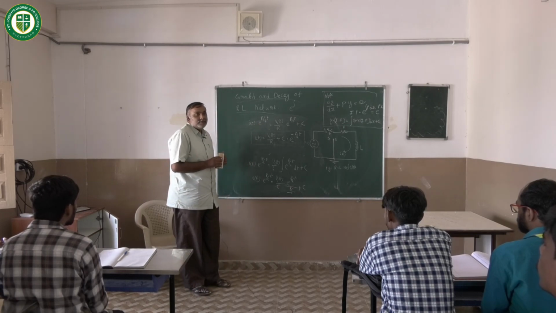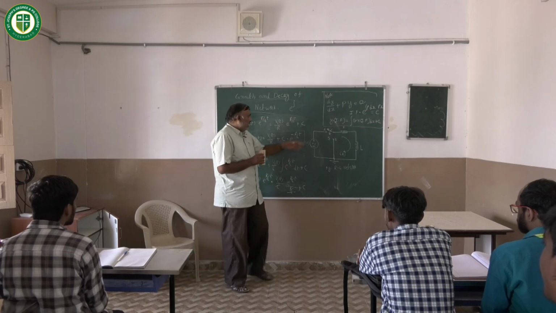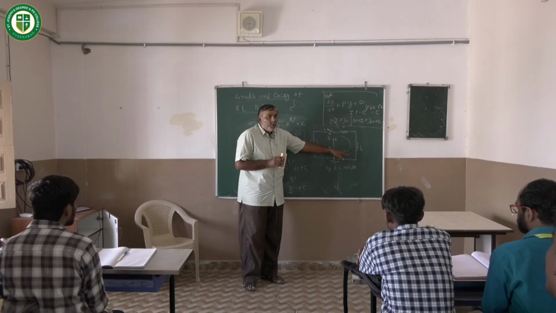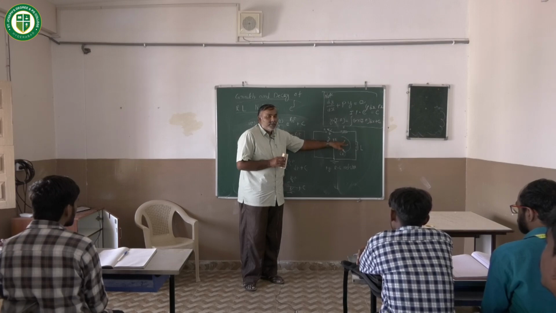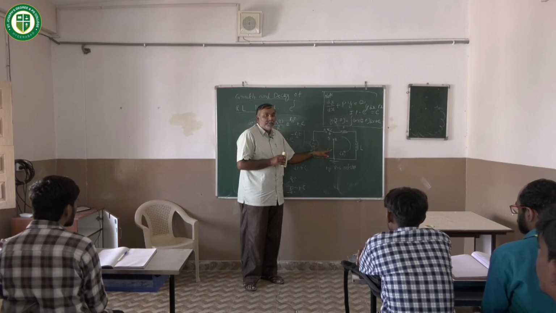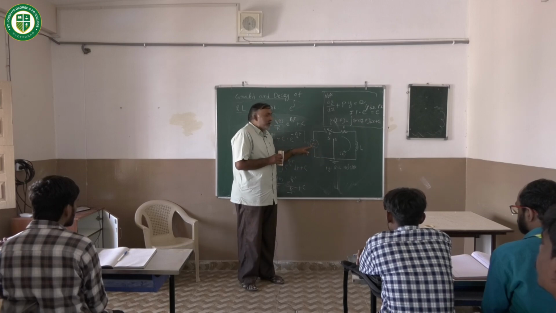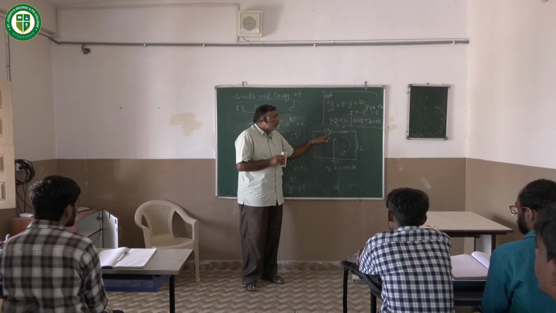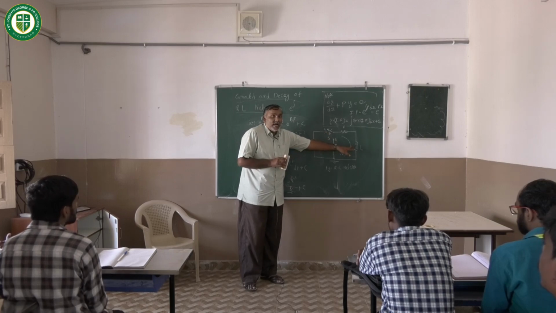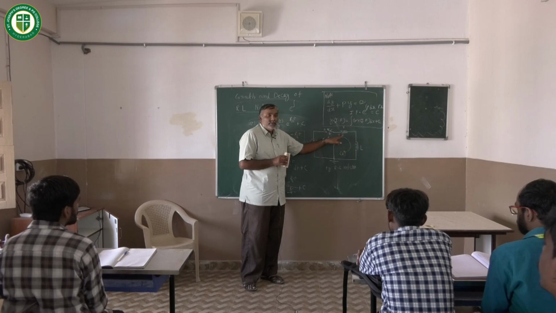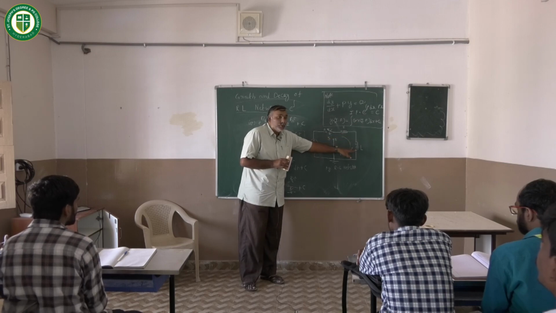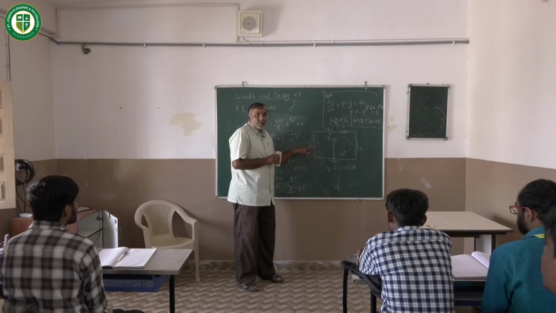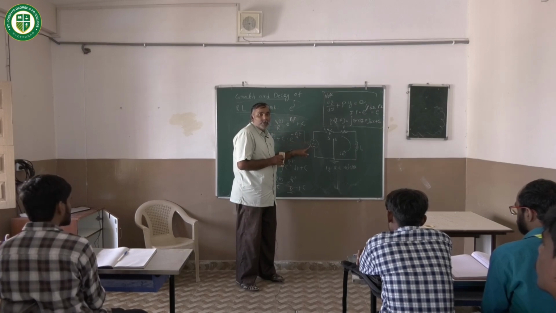In order to study this, we are taking a resistor and an inductor which are connected in series, and to this series RL network, a signal called the analog signal is applied from a source through a switch S. When the switch is thrown to position A, the inductor is allowed to charge through a resistor R, and the inductor is charging towards Vi of t, or the supply voltage.